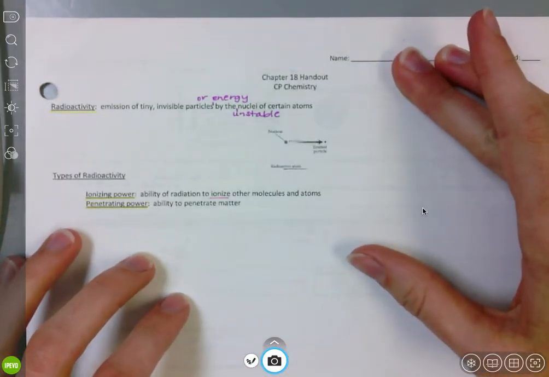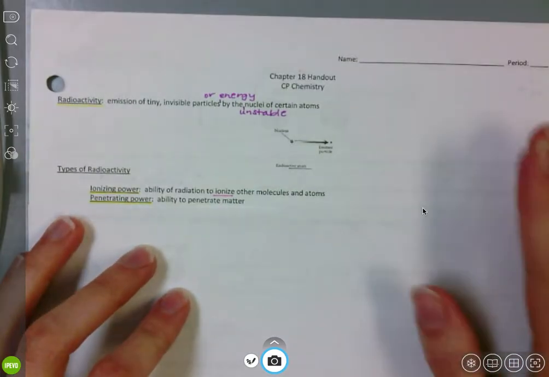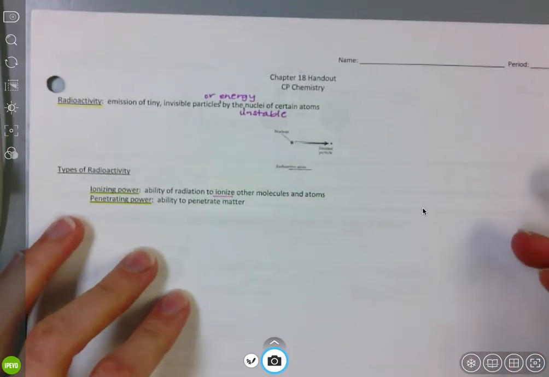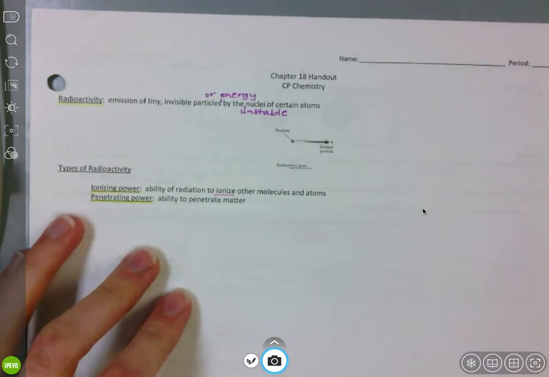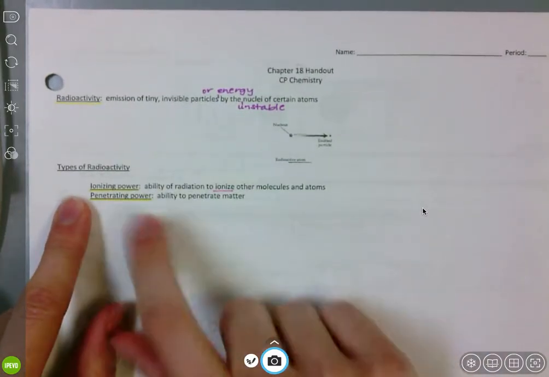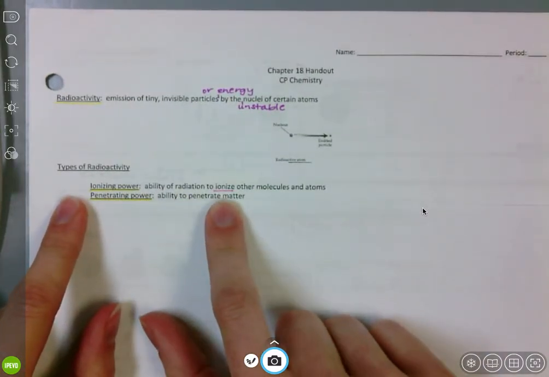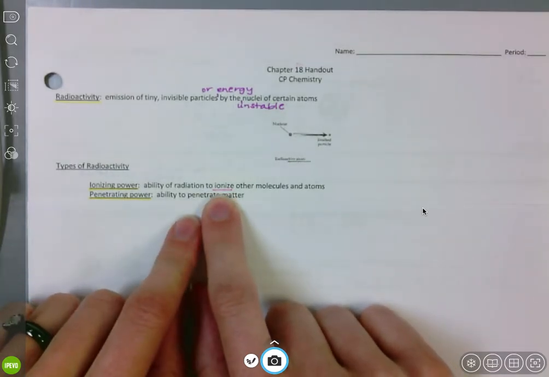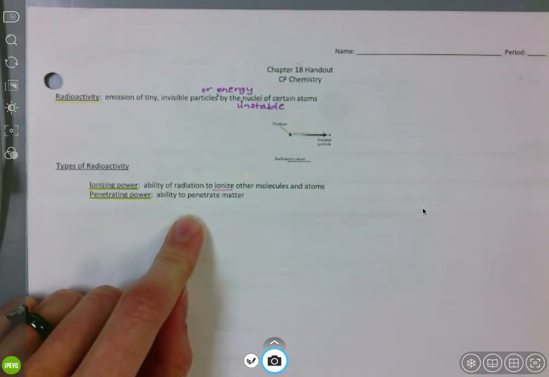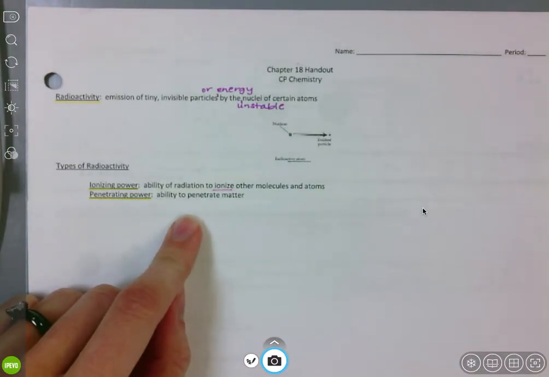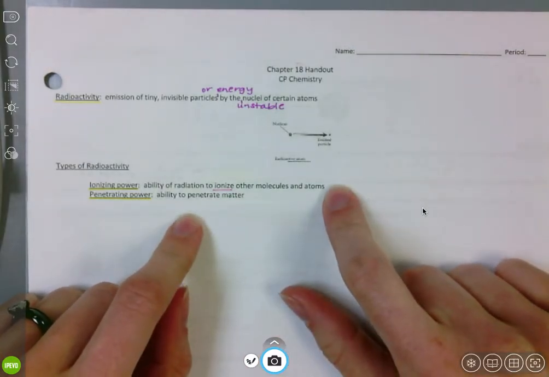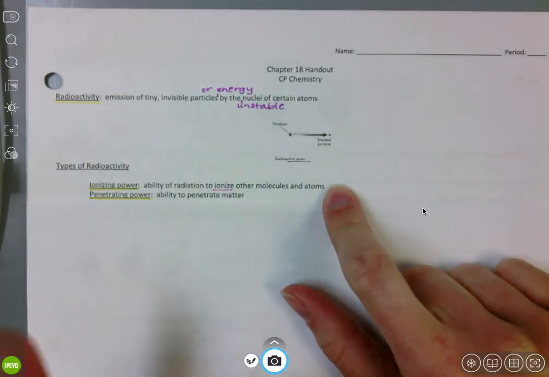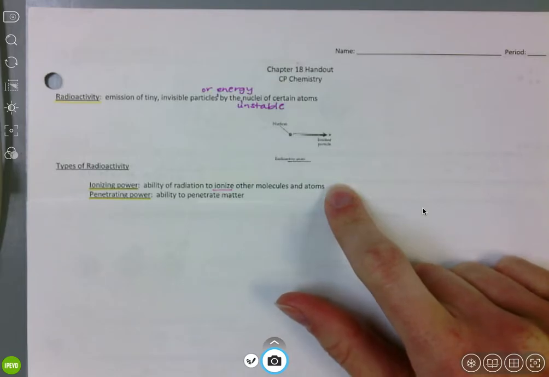We're going to see a few different types of radioactivity, but first we need to talk about a few definitions that pertain to these types of radioactivity. Ionizing power, that is the ability of radiation to ionize other molecules or atoms. Ionize means that we are making an ion out of that molecule or atom, which means we are either taking away its electrons or giving it electrons, so giving it a positive or negative charge.